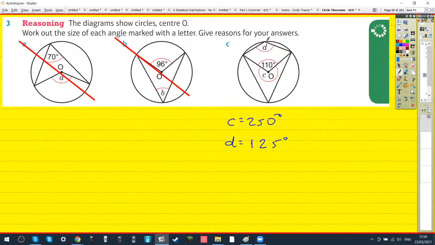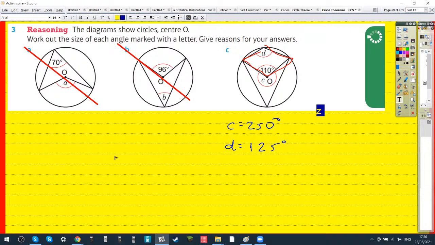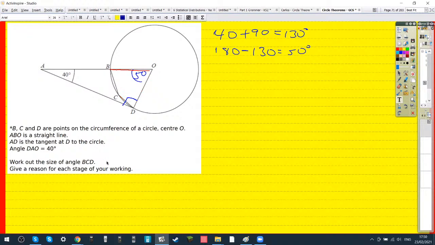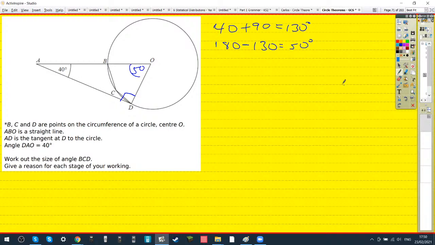So it's a bit like this one. So 50. So is C 50 times 2? Yep.